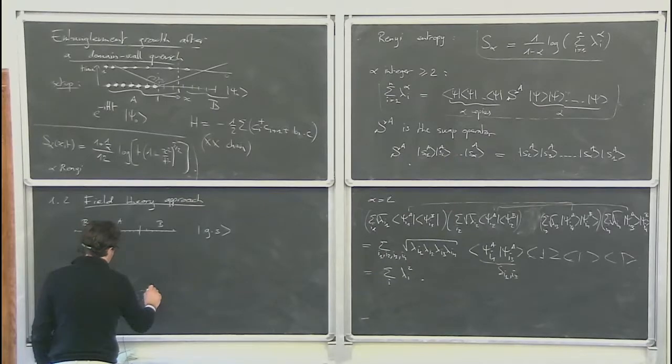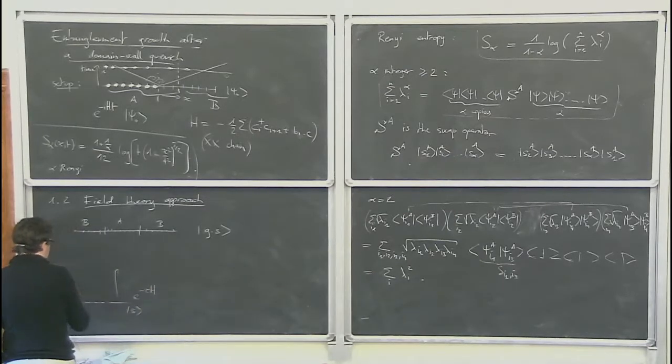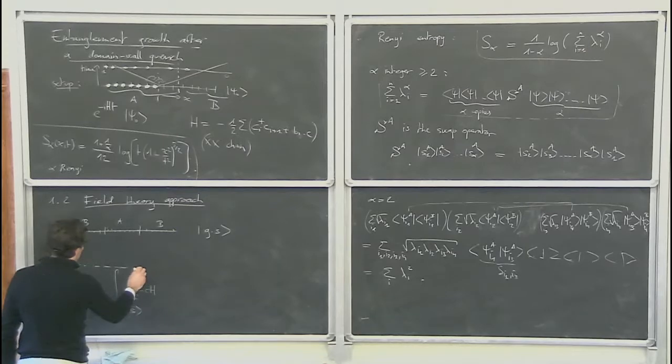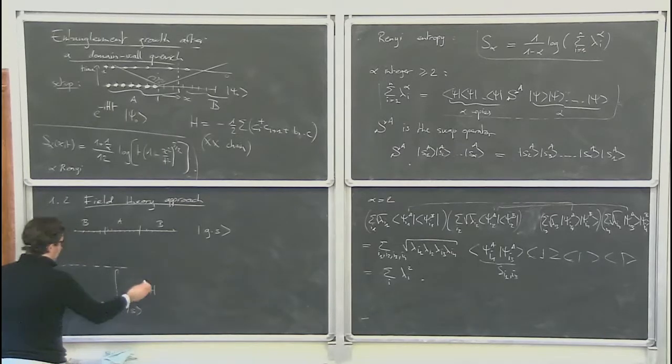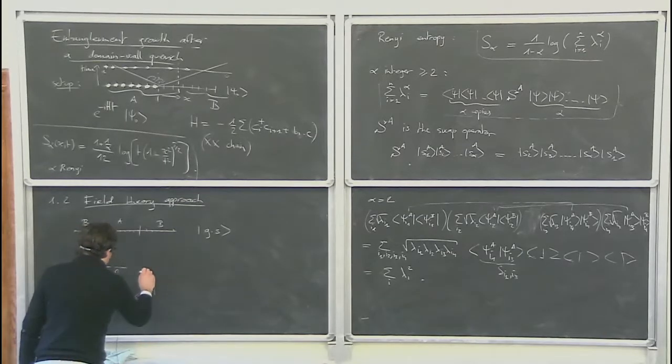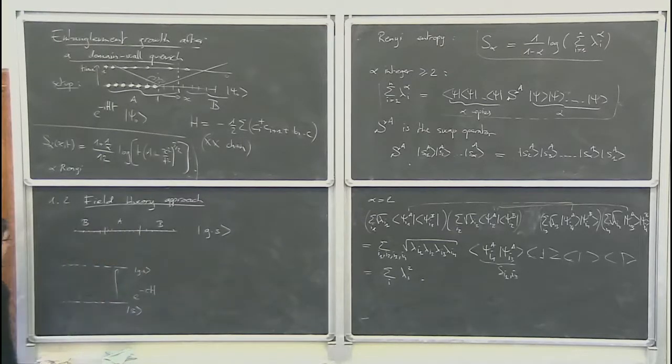Let me call this tau. We take a state of our system and evolve up in imaginary time, and if we evolve for long enough, this projects onto the ground state up to some normalization that we have to take care of.